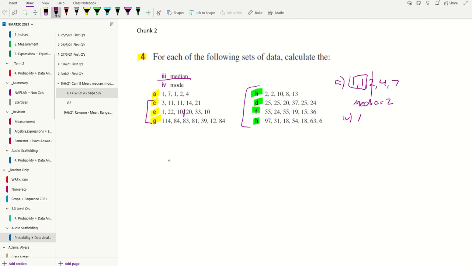So again, we're counting these. There are 7, so it's going to go through the middle. There's a set of 6 that's going to go through the middle, another set of 6, and they're the only 2 sets of 6s. This one's a 7, so there'll be the number in the middle. The other ones will be the average. All right, have a go at those.